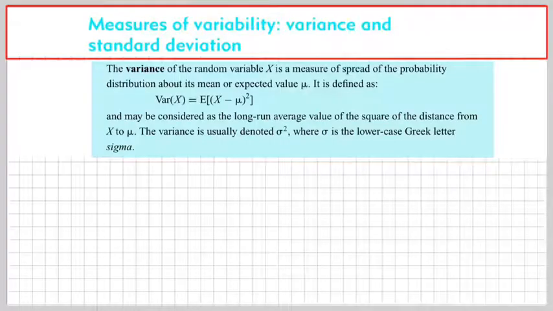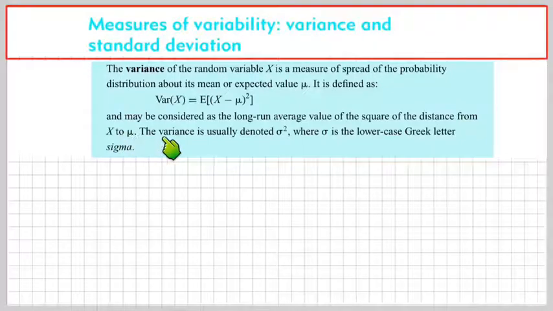Now, the variance of the random variable x is a measure of spread of the probability distribution about its mean or expected value. It is defined as Var(x) equals the expected value of (x minus mu) all squared, and may be considered as the long run average value of the square of the distance from a value x to mu, the mean.